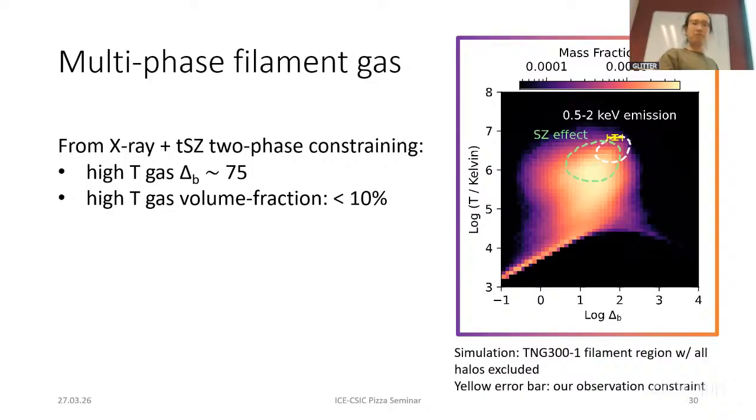And if we put our measurements there, it overlaps a little bit because our temperature is very high, and the emission weighted temperature is almost 10 to the 7 Kelvin. So it does tell us there must be a multi-phase nature of the filament gas, and our stacked signal must be from some dense and high temperature population there.